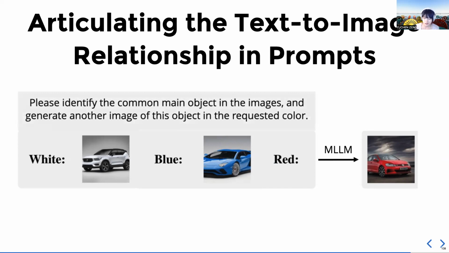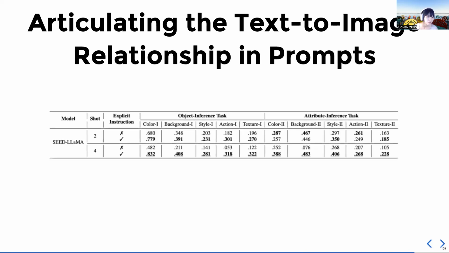But here, because we want to know how prompt engineering techniques affect the results, we also provide additional instruction, like: please identify the common main object in the images and generate another image of this object in the requested color. With this more explicit instruction, we found that the performance is also improved a lot.